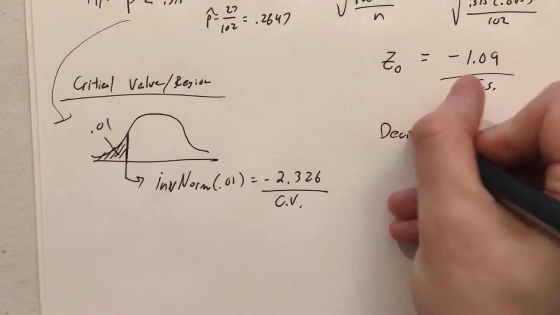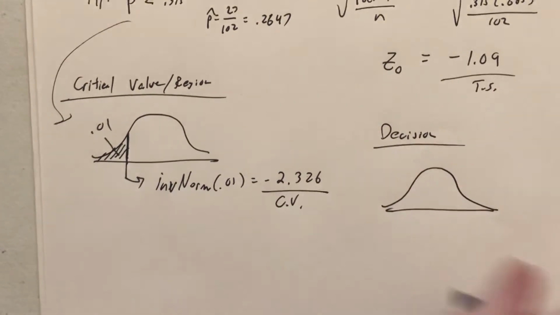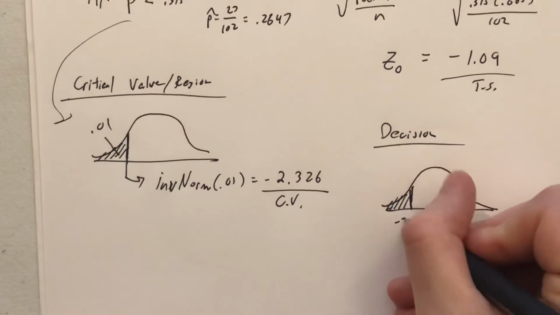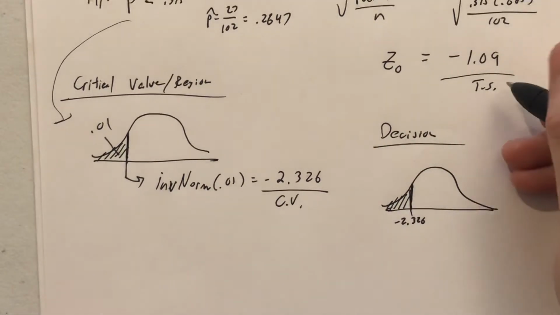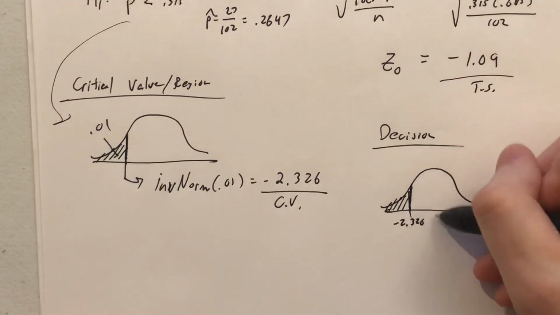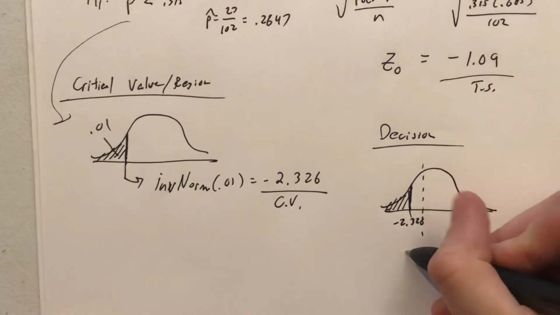So with that, we can move on to the decision, where we've got a left tail with negative 2.326 as the boundary of that tail. Our test statistic is negative 1.09. So starting at 0, negative 1.09 is not quite there, right?